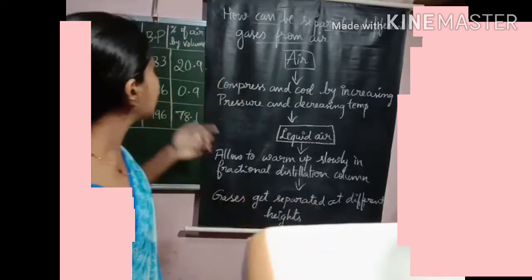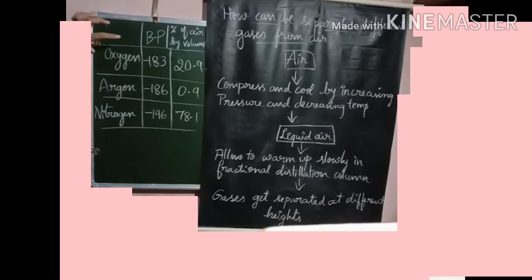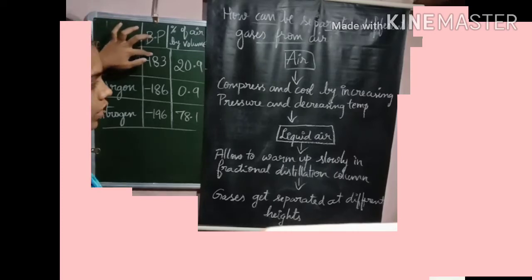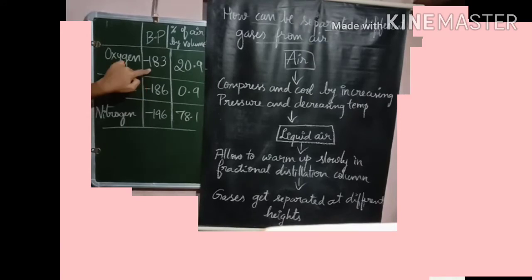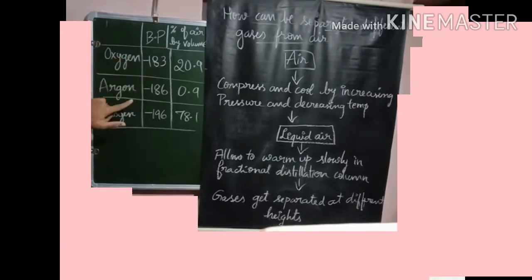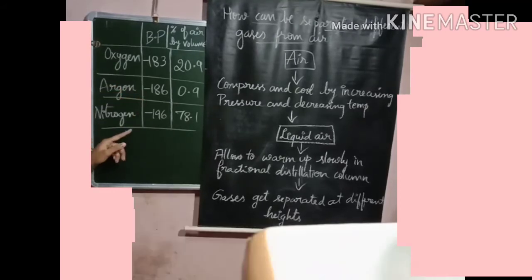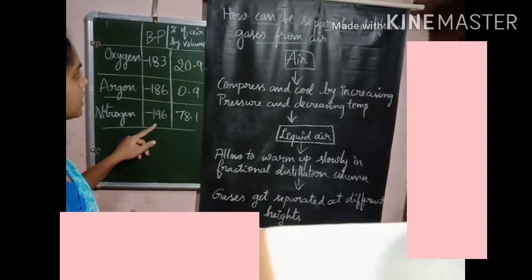The height of the gas particles depends on the boiling point. The boiling point of oxygen is 183, which is greater compared to argon and nitrogen. The boiling point of argon is 186 and the boiling point of nitrogen is 196.